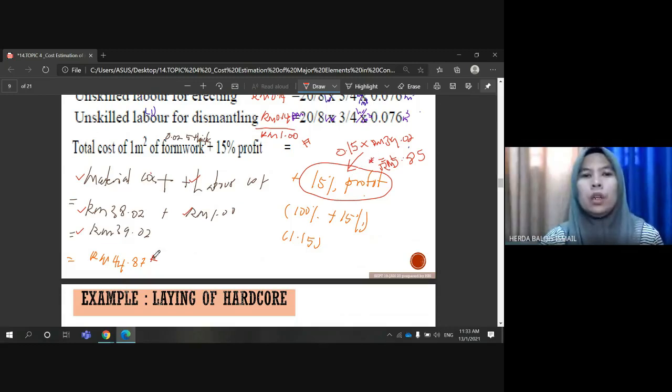Thus you will get the total cost inclusive of profit. Another way to calculate is to multiply 39 ringgit and 12 cents with 1.15. The value will be the same. So I think that's all.